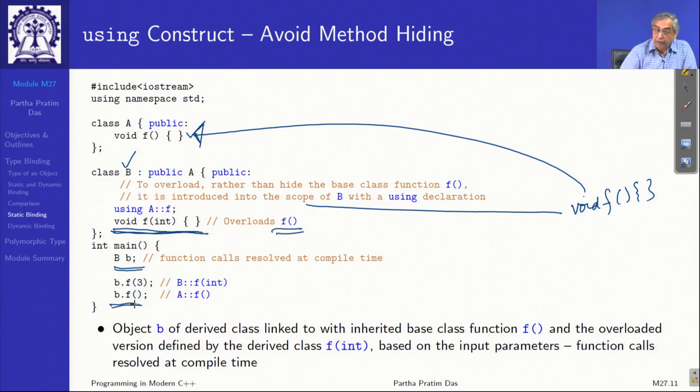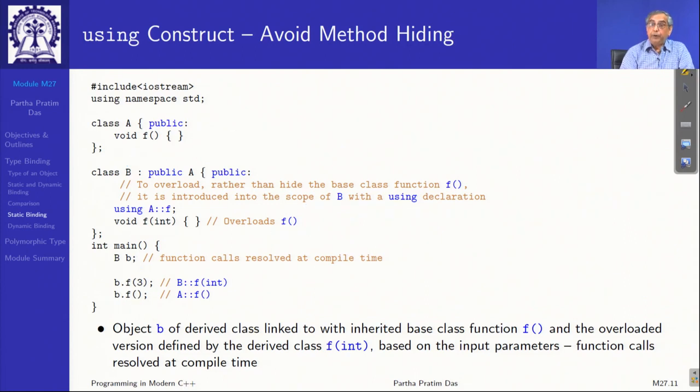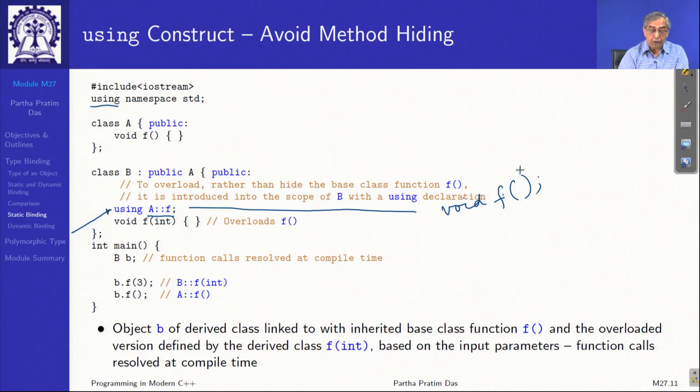To avoid this problem, a new use of the using keyword is introduced. You have already seen that in terms of namespace. It is a different context where we are doing using. So, it says using A colon colon f. What does it mean? It means that do preserve the function f from the base class and treat this as an overload.